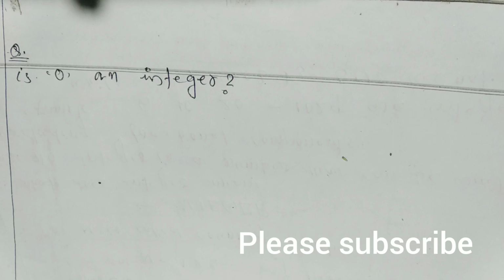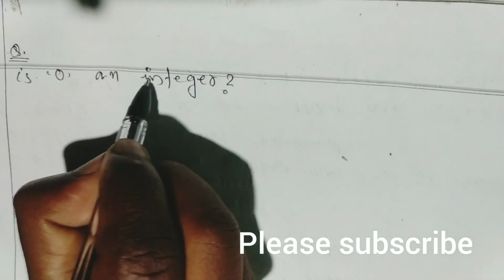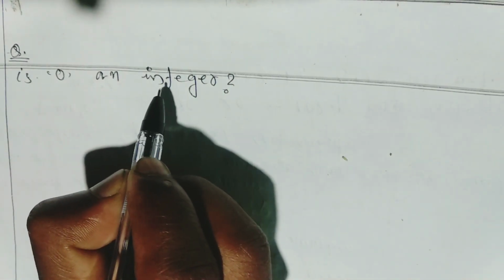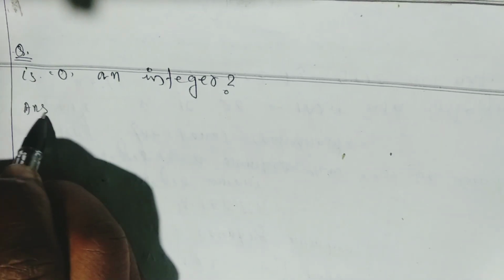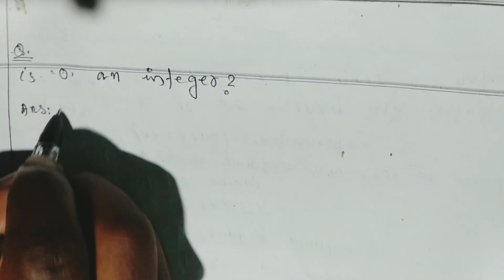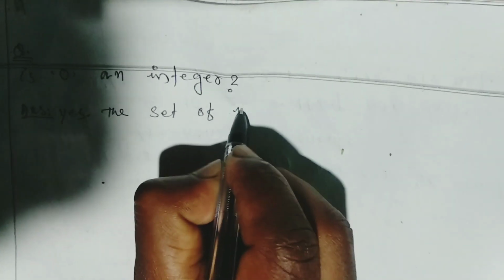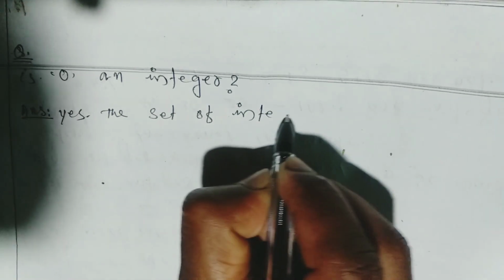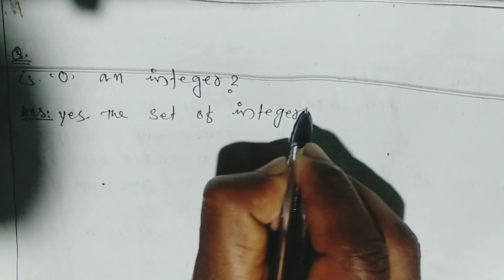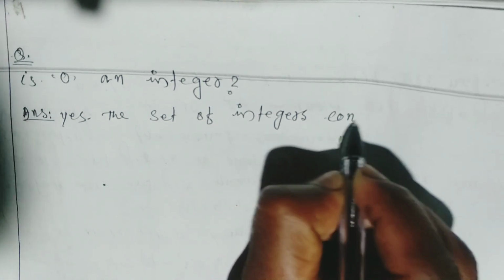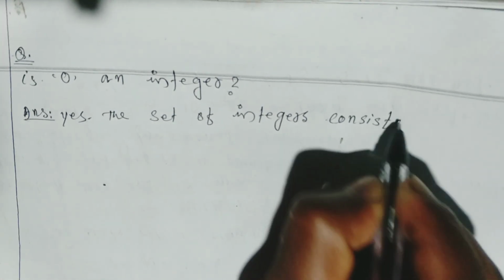Now one question: is 0 an integer? Answer: yes. The set of integers consists of 0.